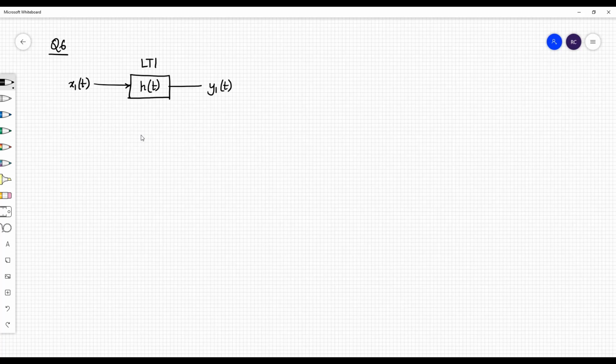So we're going to start with x1(t). What is given is that h(t) is e to the power minus t by 2 u(t).